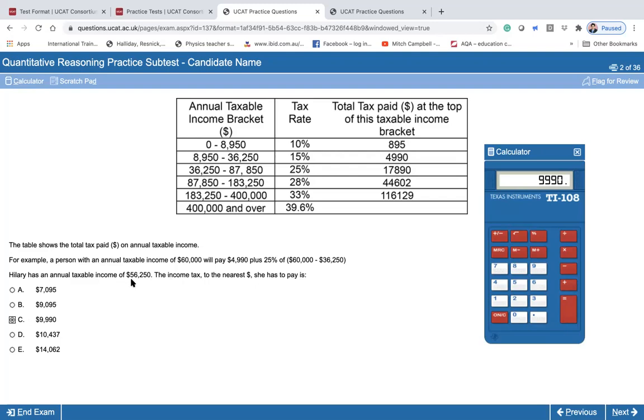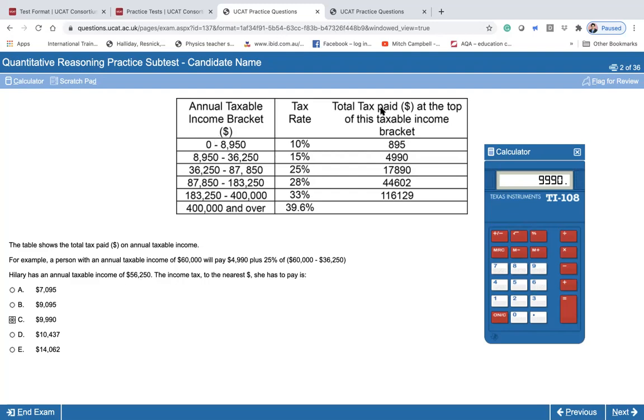Let me repeat once again. Hillary has an annual taxable income of 56,250. You need to find how much this income is over 36,250. That makes it 20,000.